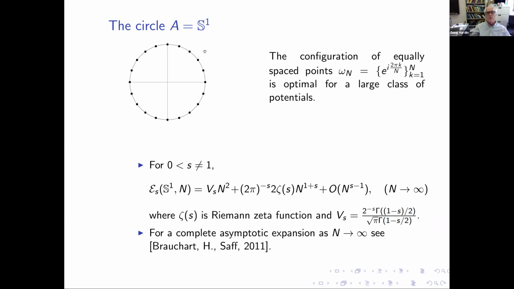If you take a look at this in a tangent line to the circle, then for very large n the points will be approximated by equally spaced points in Euclidean space on the line, and that's where the appearance of the zeta function comes from. So this second term, the n to the 1 plus s term, is definitely related to the local structure.